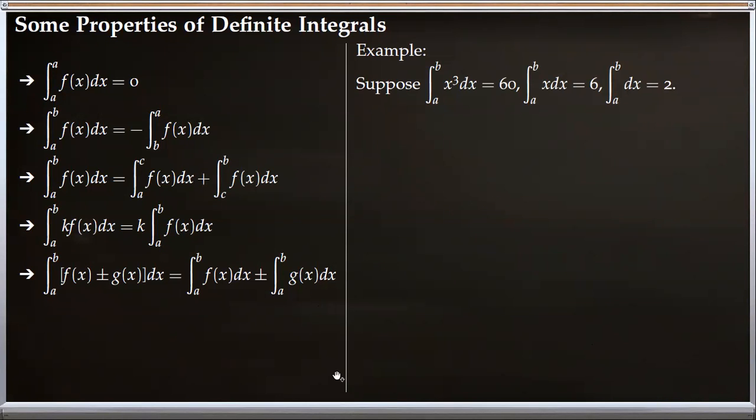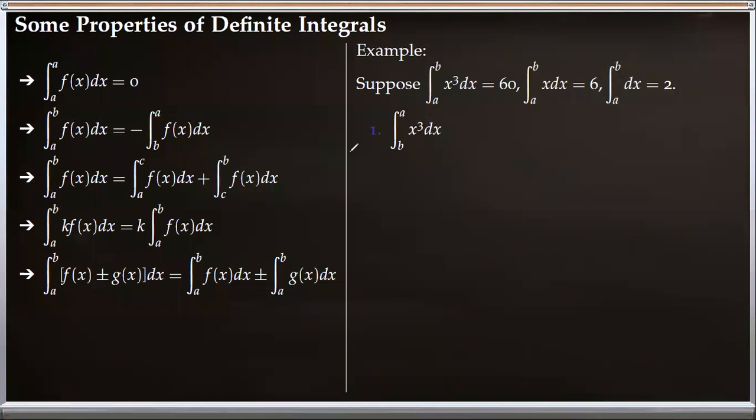In this example, we have integral of x cubed from a to b equals 60. Integral of x from a to b equals 6. And integral of 1 from a to b equals 2. So first we want to find integral from b to a of x cubed.